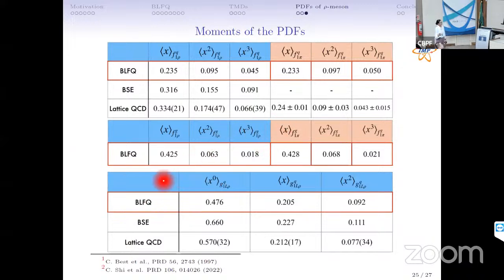But while comparing with the pion, these are almost the same for both the particles. And note that this lattice data is quite old. It's from 1997.